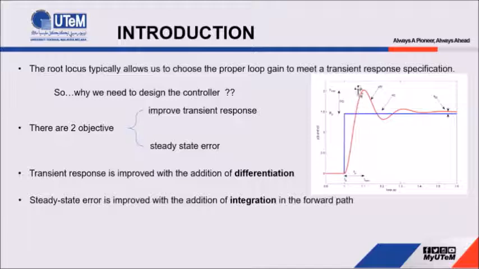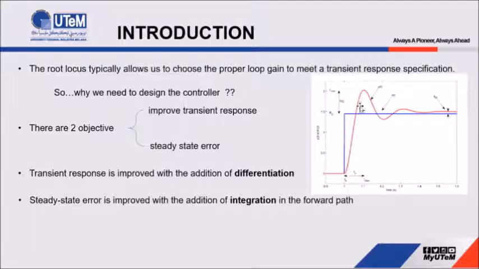The red one is the output for the system. Based on this output, the starting point before the system becomes steady state, we call transient response. Next part, after the system becomes steady, we call steady state part.